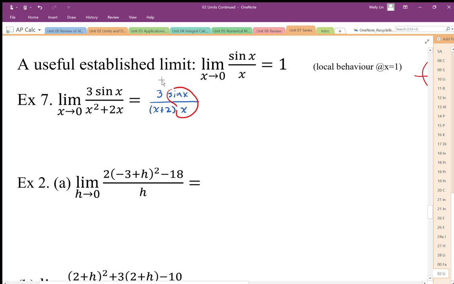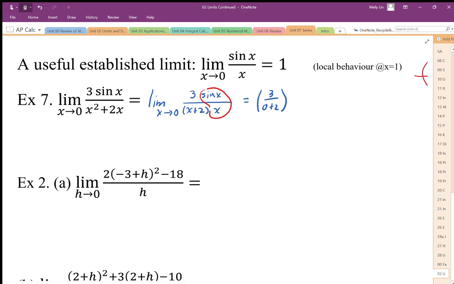So I can write my limit notation. The limit as x goes to 0 is going to be the same as the limit of 3 over 0 plus 2, and I can solve that limit part separately.